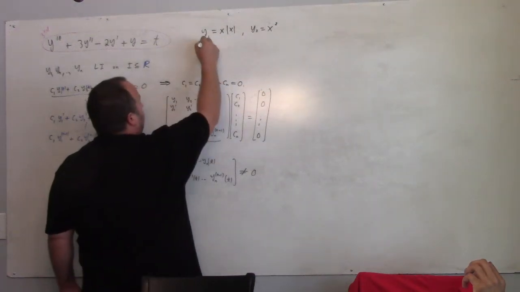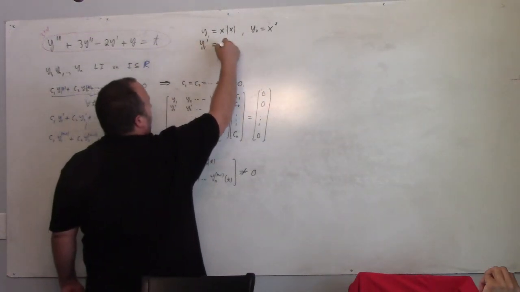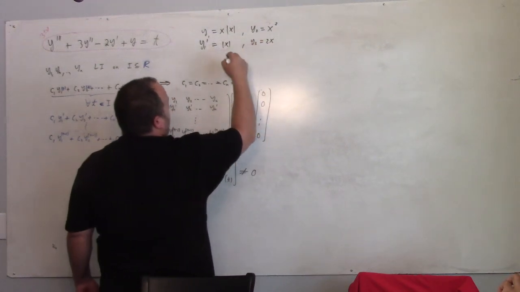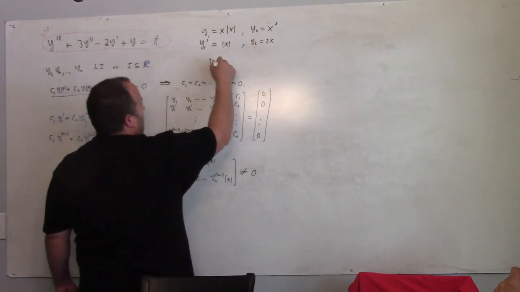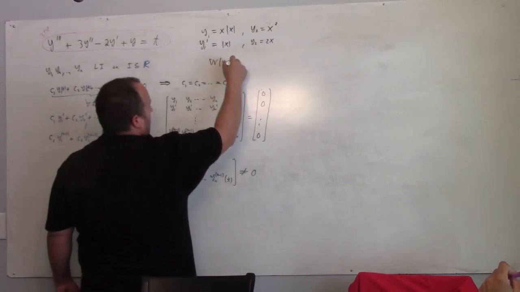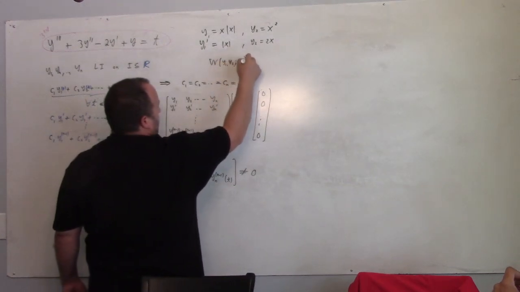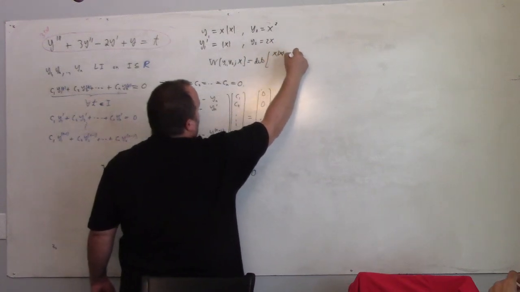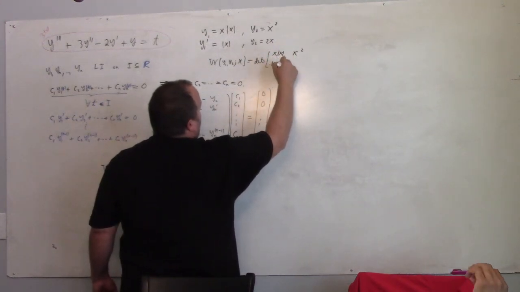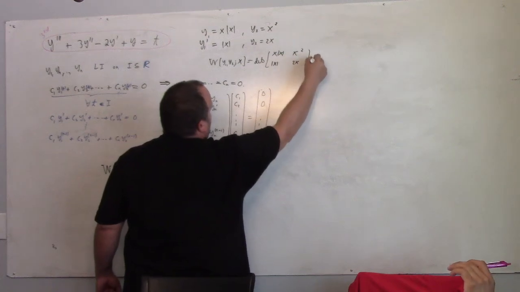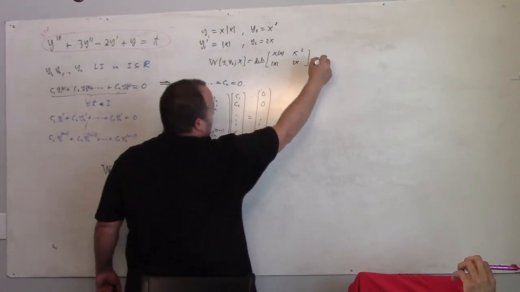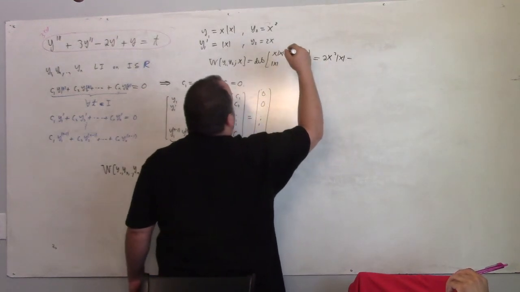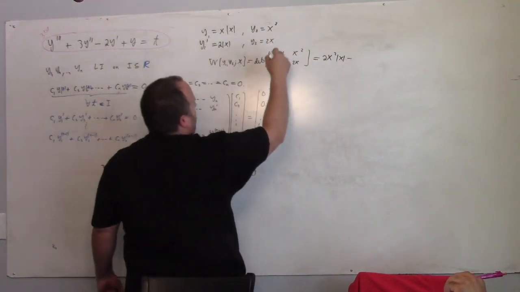So the Wronskian of y1, y2 at x is the determinant, which is x squared times 2 absolute value of x minus, I should have had a 2 here. All right.